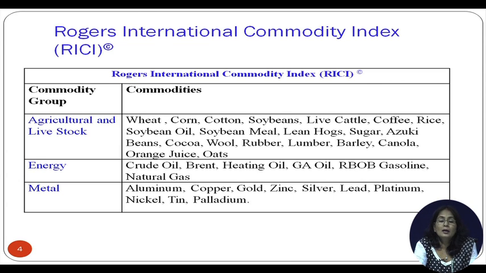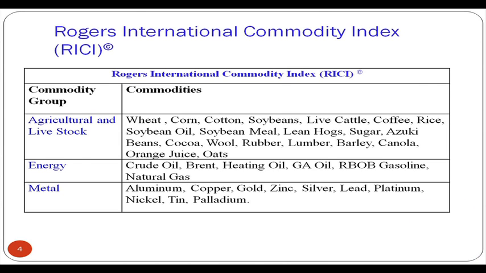Now this Rogers International Commodity Index again consists of agricultural, livestock, energy and metal commodities. One important distinction between the S&P Goldman Sachs Commodity Index and the Rogers index is that the Rogers index considers futures contracts traded on the majority of exchanges all over the world.